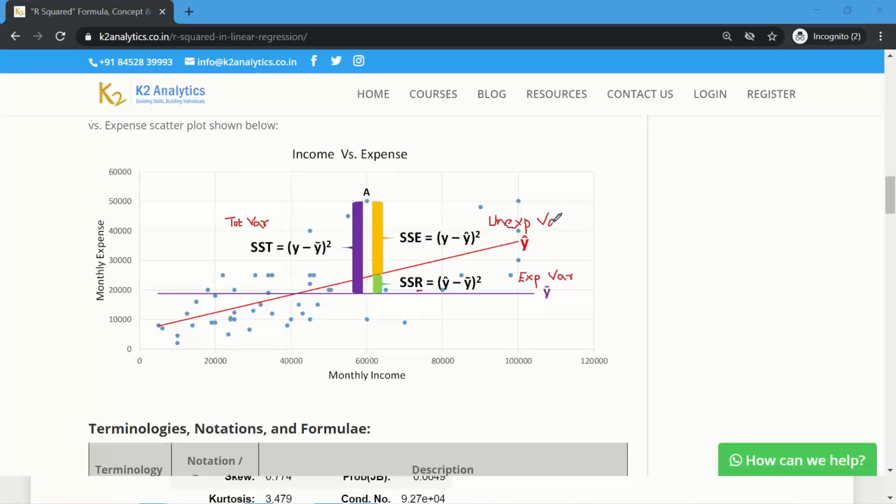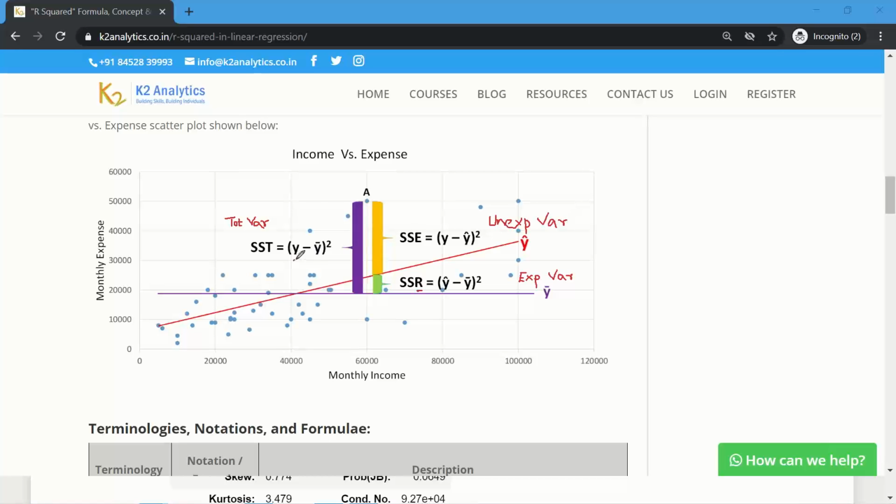So total variance has two components. One is called explained variance. The other is called unexplained variance. How much variance I am able to explain as a percentage of the total variance is my R squared.